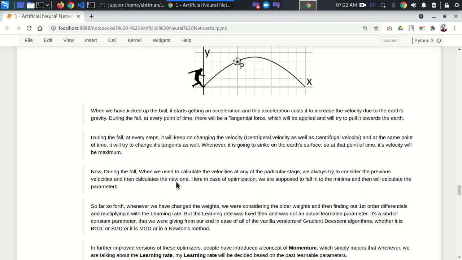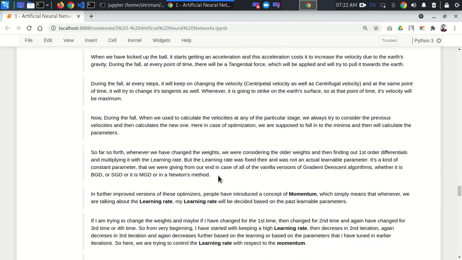Yeah. Now people say that, okay fine, in case of optimization we are supposed to fall into the minima, and then we'll calculate the parameters. The same thing is going to happen in optimization, guys.